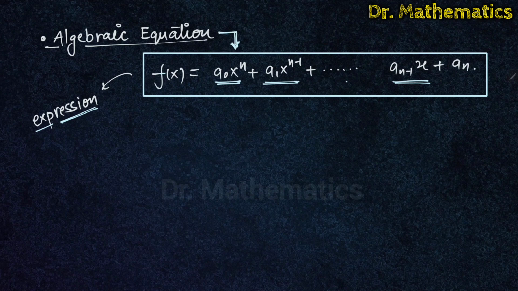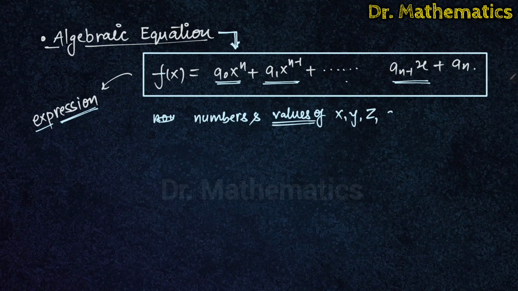Algebraic equation means one in which numbers and variables like x, y, z, a, b, c are used simultaneously.